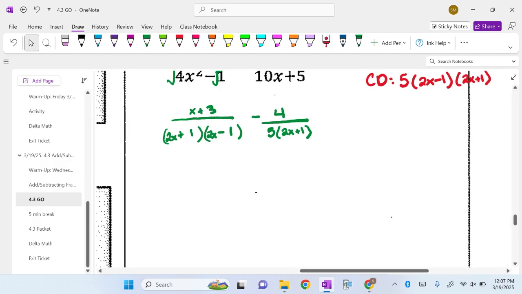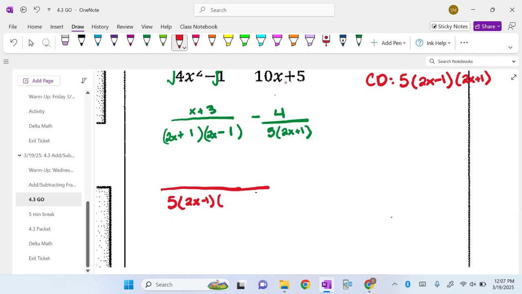So we want all of our denominators to be 5 times 2x minus 1, 2x plus 1. Now, I'm going to go ahead and change this up top to a plus and make this 4 negative, just so I don't forget to do that later.